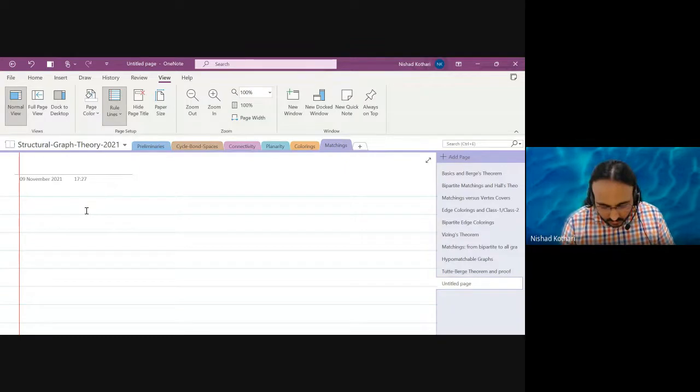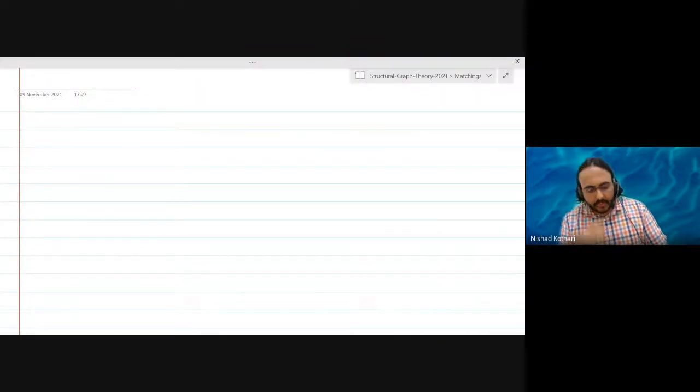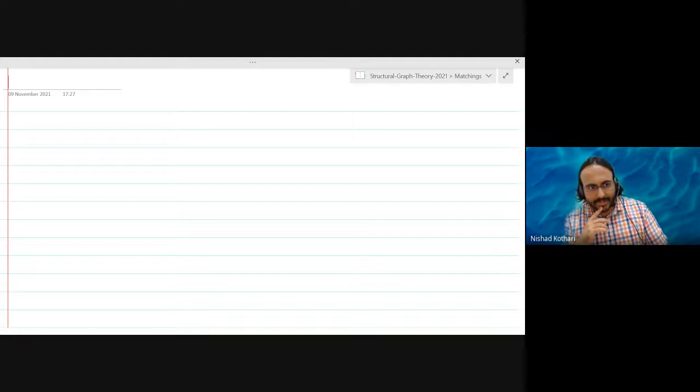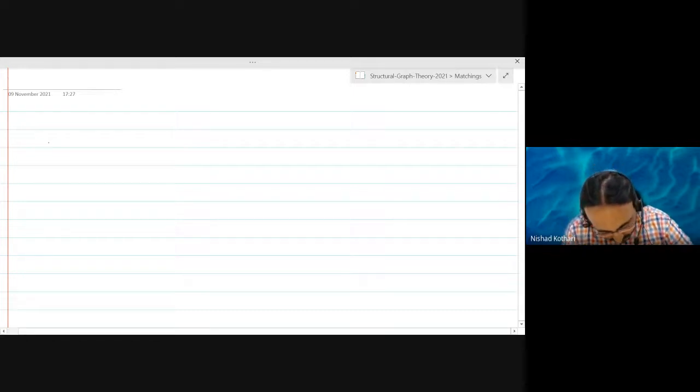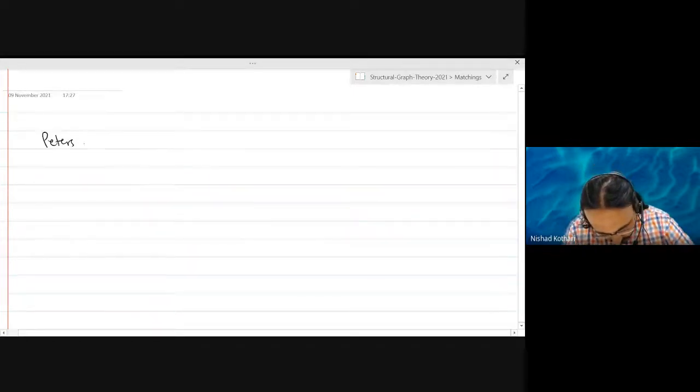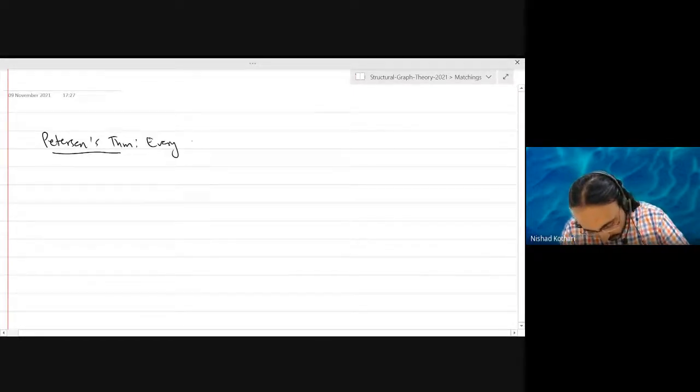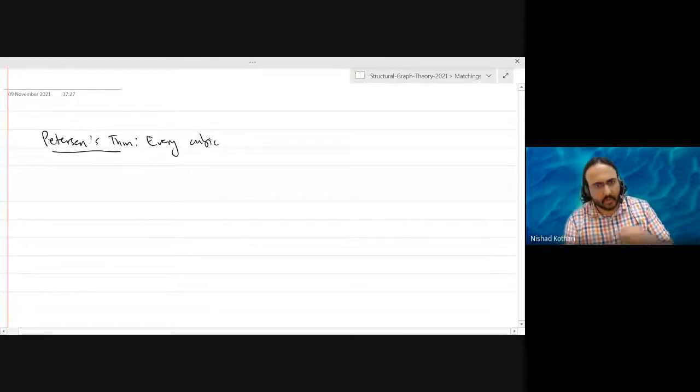So, in the case of cubic graphs, matchings have been studied very extensively, right? And I think I told you in a previous lecture. So let's just write down Petersen's theorem, right? So every cubic, rather than writing without cut edges, let me just write two edge connected.